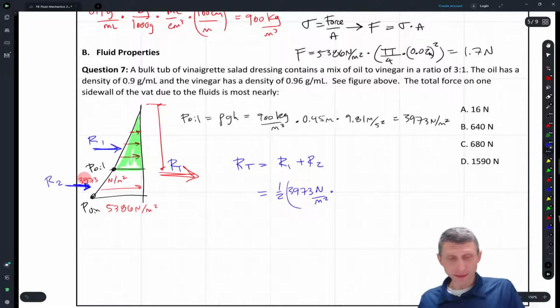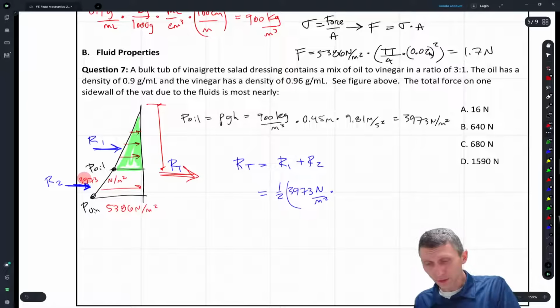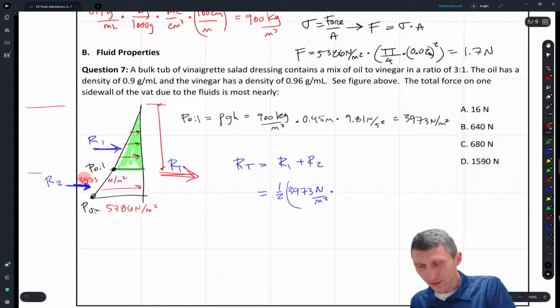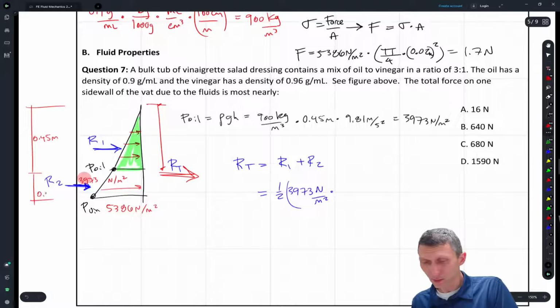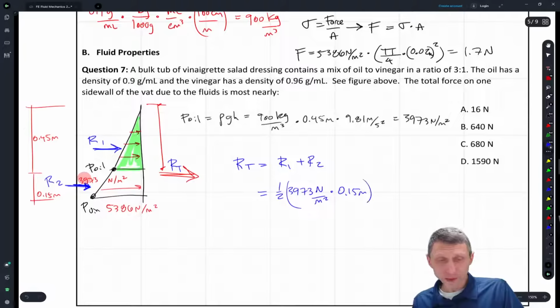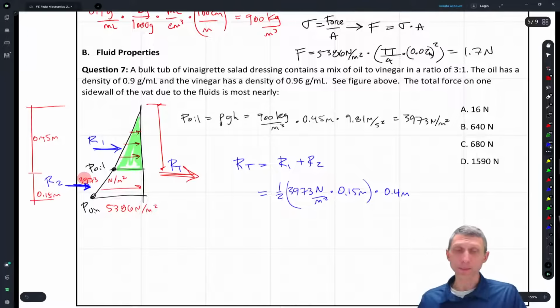Let me draw them over here. This is 0.45 meters, and this is 0.15 meters. So the height is going to be 0.15 meters. And we can't forget about the width, so that's times 0.4 meters into the page.